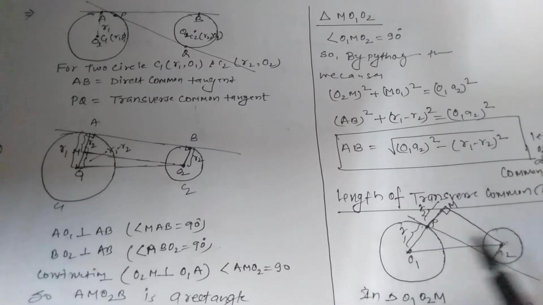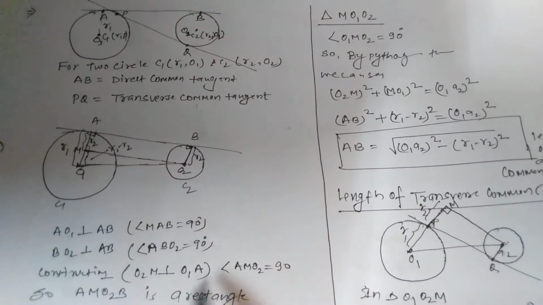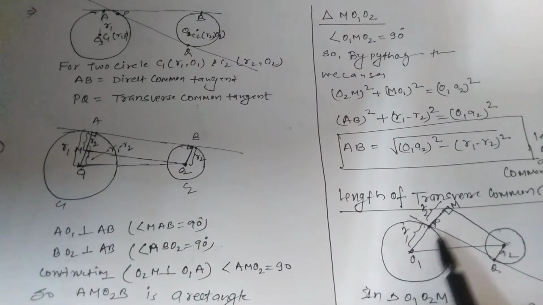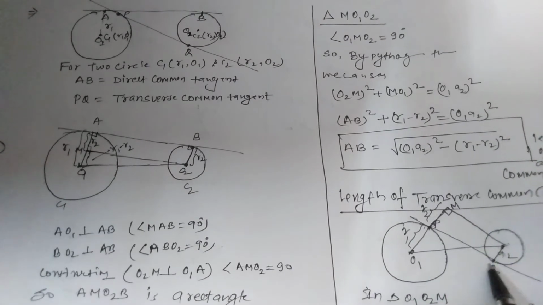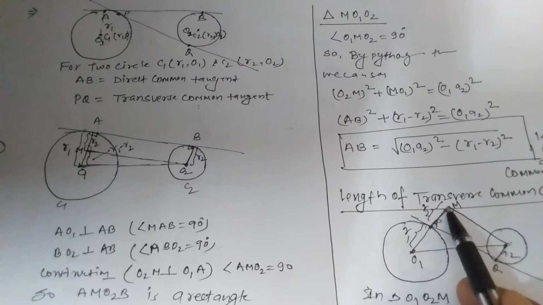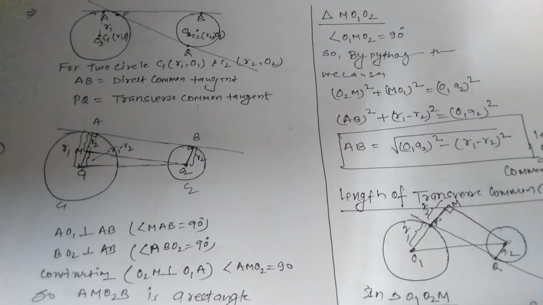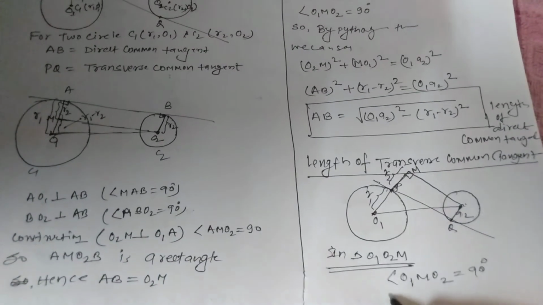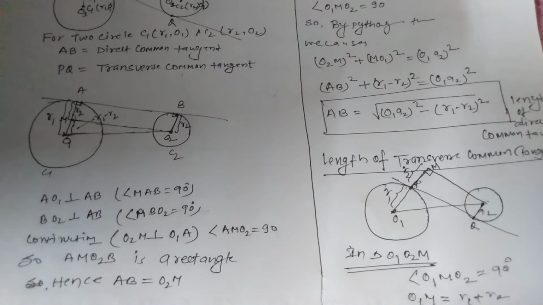We can prove this by the same property that I have used in the direct common tangent concept. We can use the same property over here also, right? So by that property this again becomes a rectangle, and this length is R2 and this length is also R2. So this O1M is R1 plus R2. Clear?